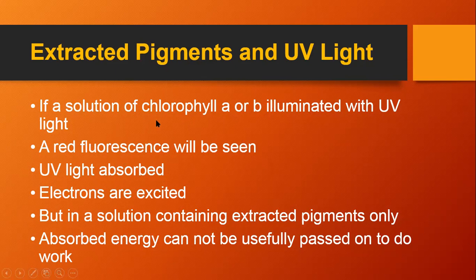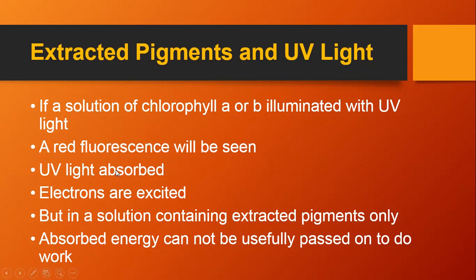If a solution of chlorophyll A or chlorophyll B, obviously a solution of pigments extracted from the leaf and no longer present in their natural photosynthetic system, is illuminated with UV light, we can see a red fluorescence. Now we have to see how that red fluorescence is produced.